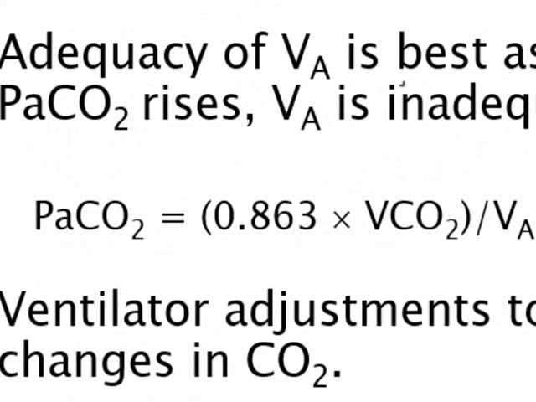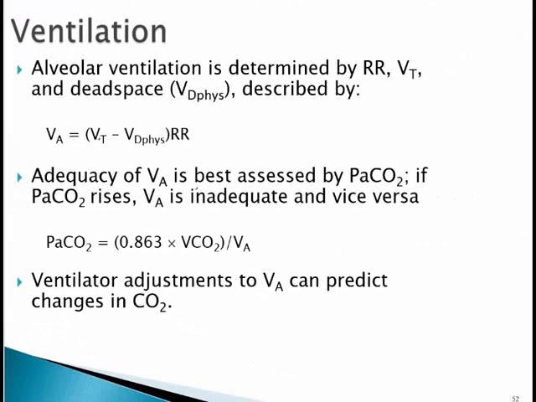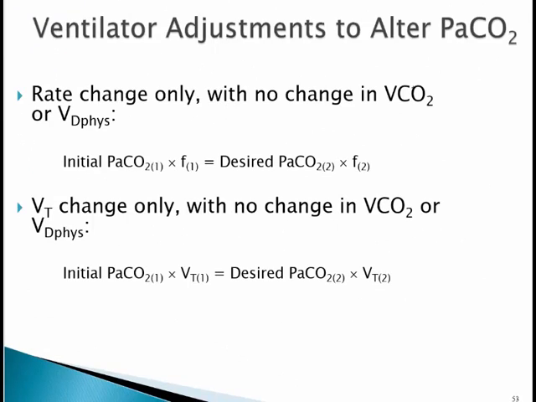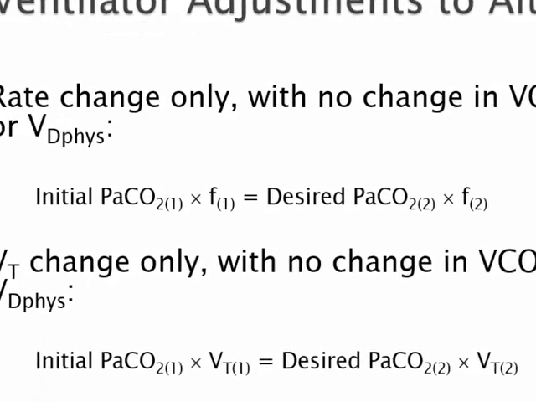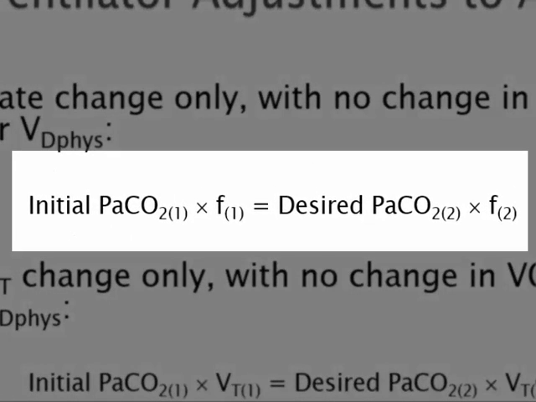And so here is a formula for predicting the PaCO2. Ventilator adjustments to alter the PaCO2: the rate change only, with no change in the volume of CO2 production or physiologic dead space. Once we set the tidal volume to a reasonable volume, then we don't have to change the tidal volume anymore.